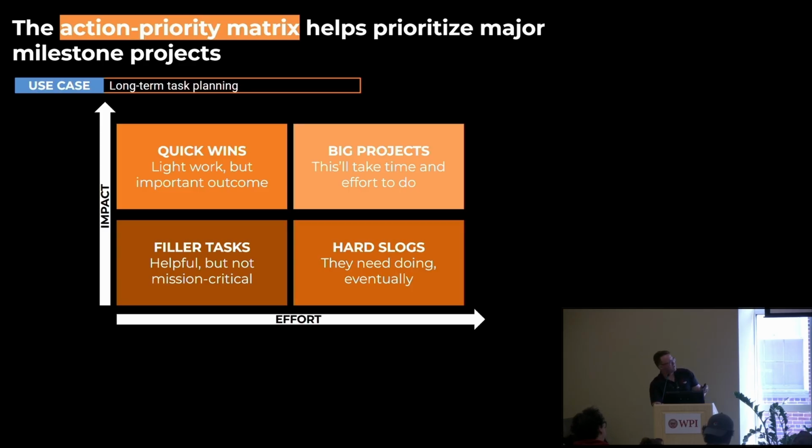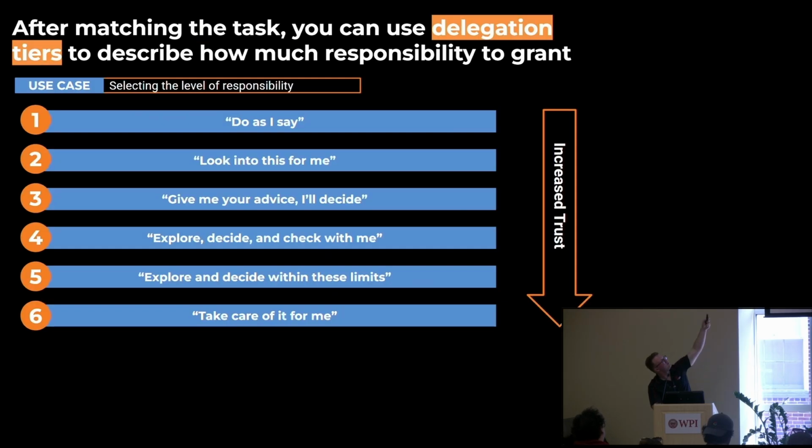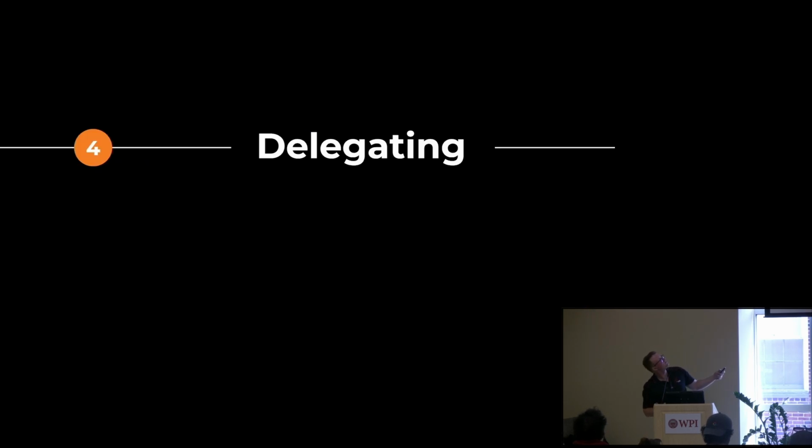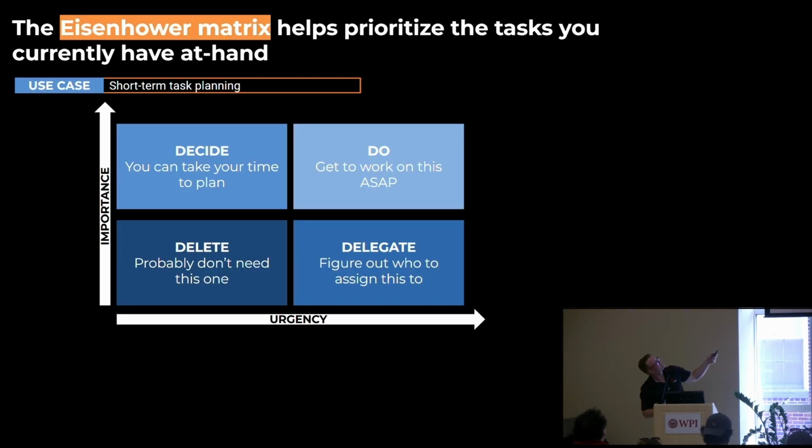Sometimes we use the do-as-I-say level of this structure, like, we're just going to do this. And sometimes it means that we are dropping things that are deemed low importance, low urgency. And sometimes it's going to be things that are going to be picked up by a mentor.